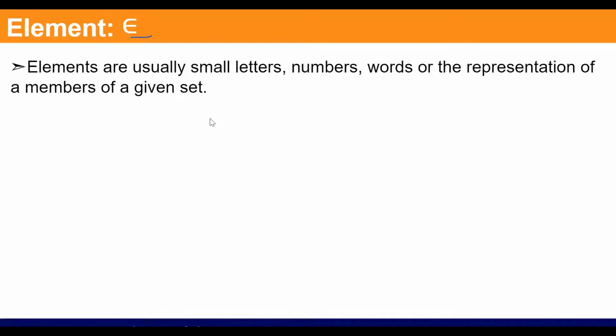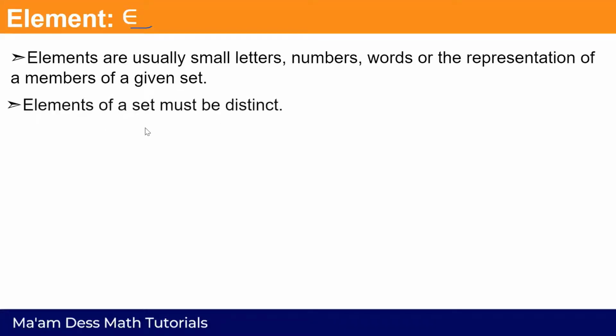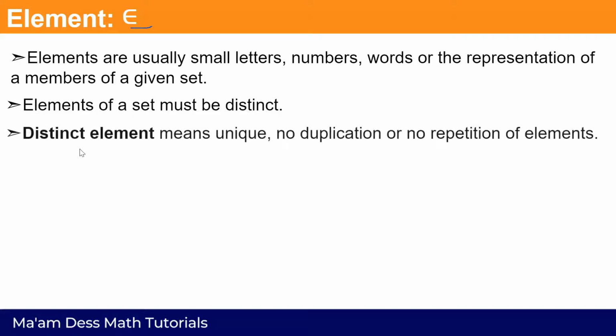Elements of a set must be distinct. What do you mean by distinct? Distinct element means unique, no duplication. So, hindi po nadodoble or no repetition of elements. Meaning you have to write once the elements.